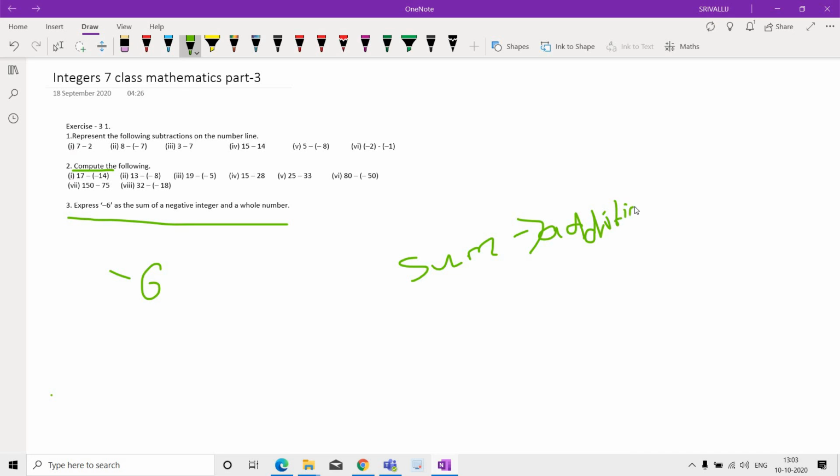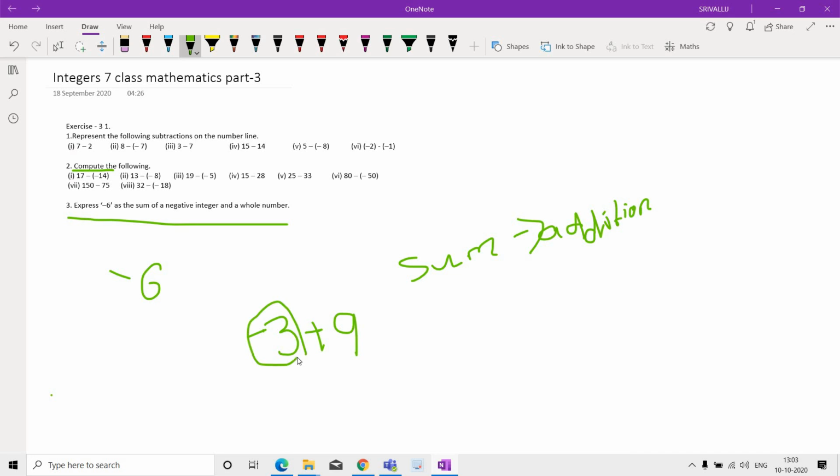If we add a negative integer and a whole number, whole numbers are nothing but positive integers. We know that. If we add a negative integer and a whole number, that time we should get minus 6. For example, minus 3 plus 9.